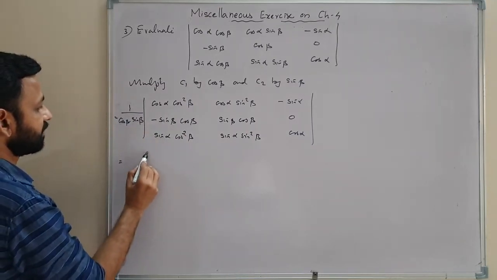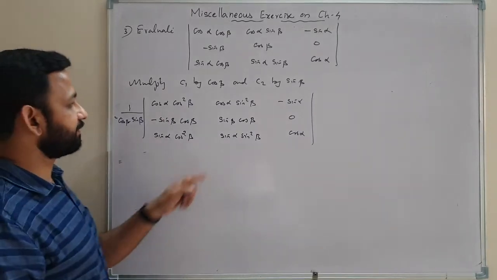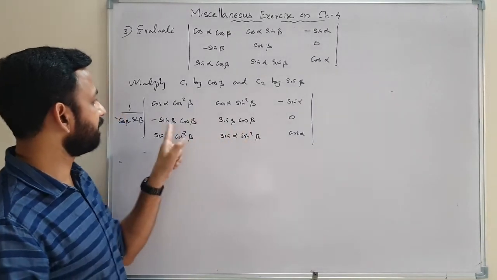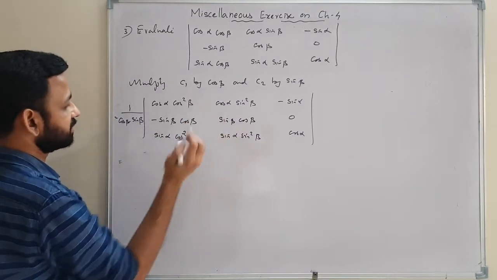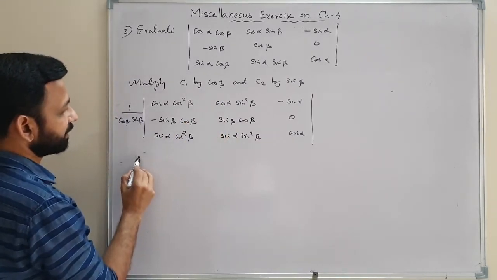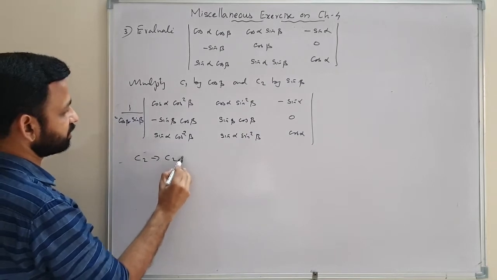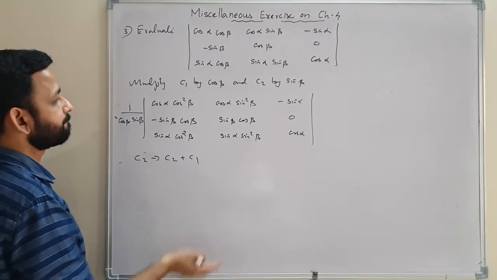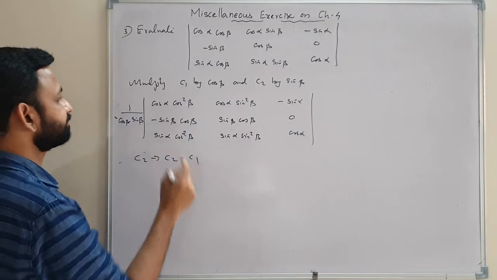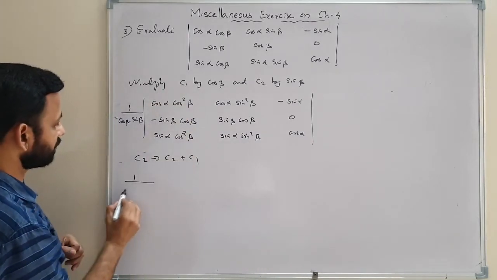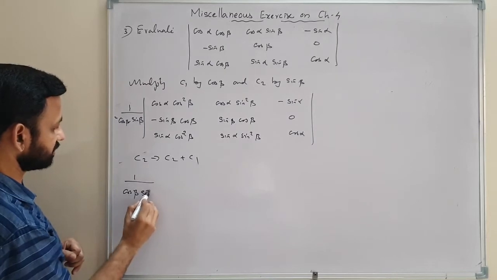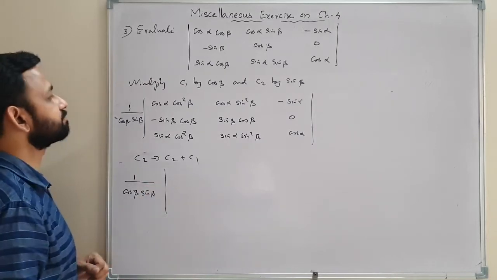In the next step, we have minus sin beta cos beta and plus sin beta cos beta, so here we can make 0. The operation is C2 goes to C2 plus C1. So C1 will be the same, with 1 upon cos beta sin beta outside the determinant.